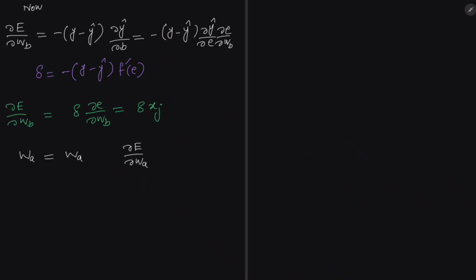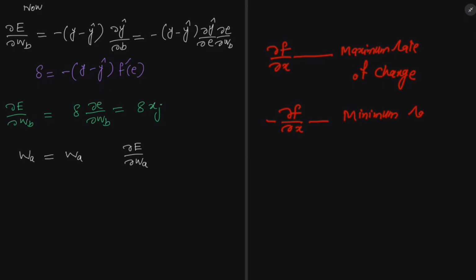The direction of partial E by partial WA is the maximum value. We know that from calculus 3, when we differentiate f with respect to x, it shows the maximum rate of change. If you want to minimize a rate of change, you need to multiply this with minus. This will give you the minimum rate of change.